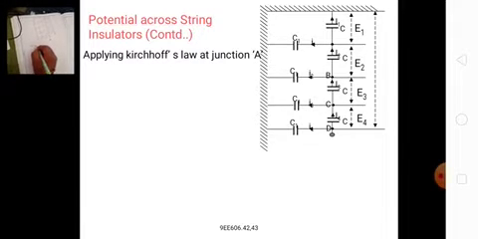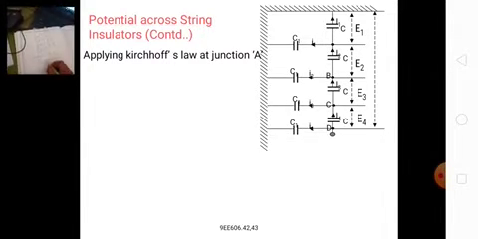So here is the derivation. Applying Kirchhoff's law to the first loop, I2 is equal to I1 plus IA. Here I1 is the current through the mutual capacitance, where omega is the angular velocity: I1 is W MC into E1, and IA is W C into E1.